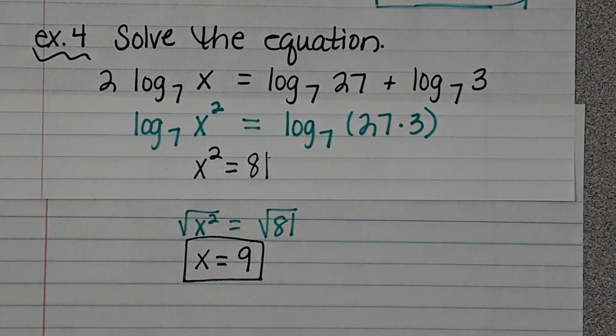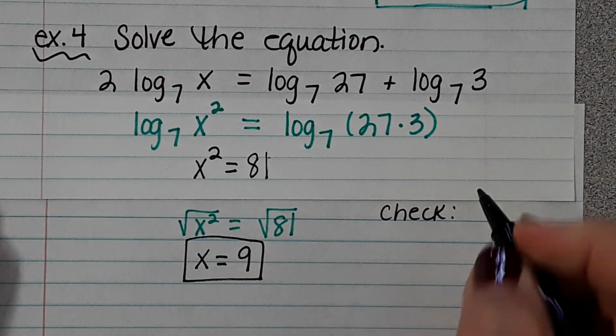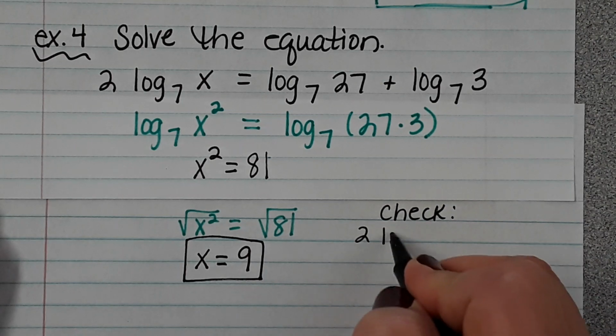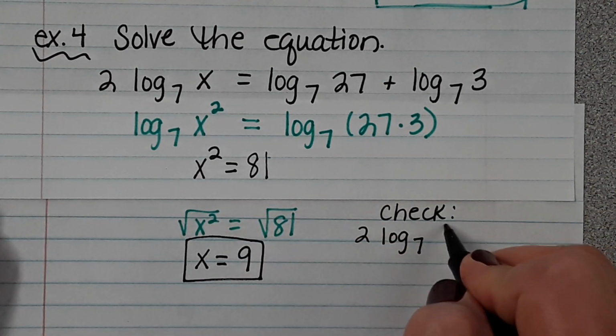Please remember that if at any time you get a negative number, you need to check it, because if you get a negative number and it doesn't turn positive, you can't take the logarithm of a negative. So we're just going to check it over here to make sure we are correct. We're going to do 2 log base 7, and instead of writing x, we're going to write 9.